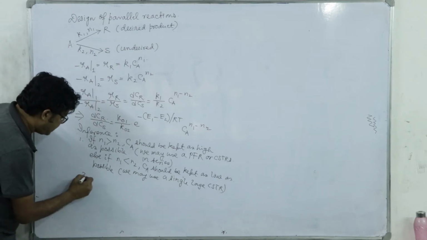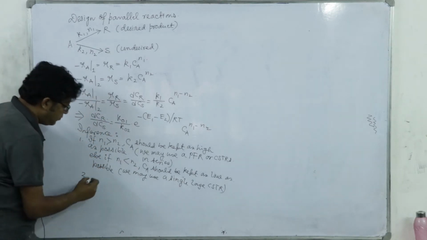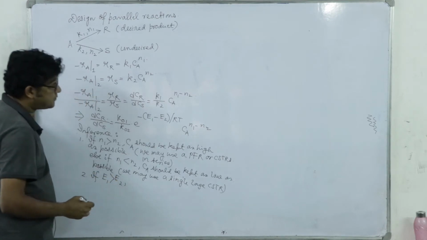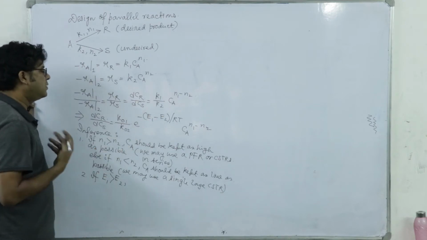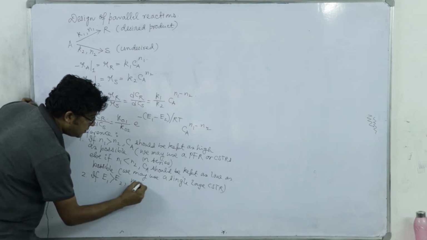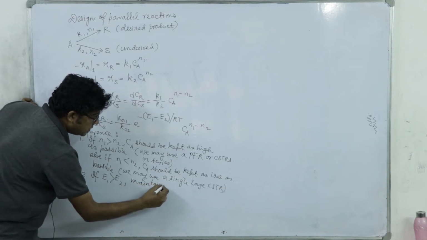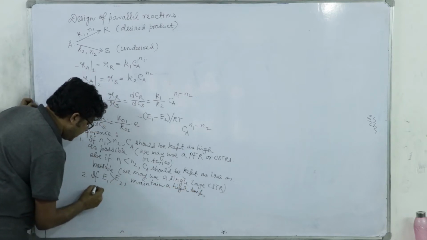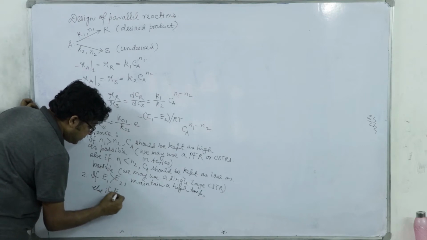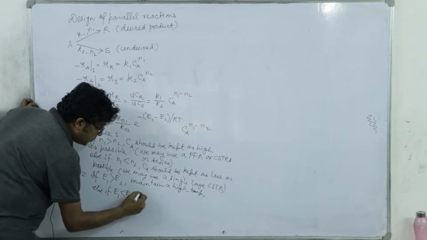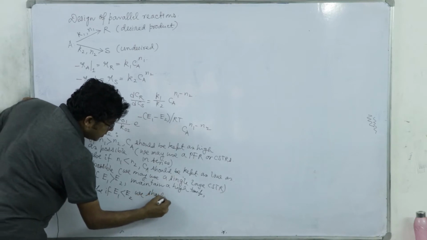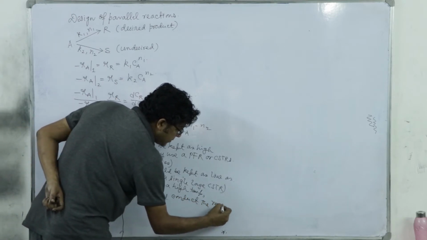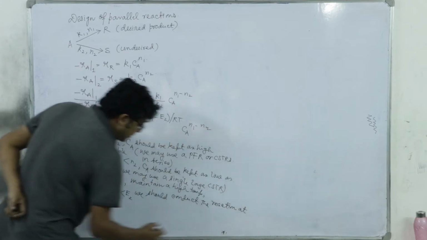The next issue is temperature. If E1 is greater than E2, then we should maintain a high temperature. Else, if E1 is less than E2, we should conduct the reaction at low temperature.